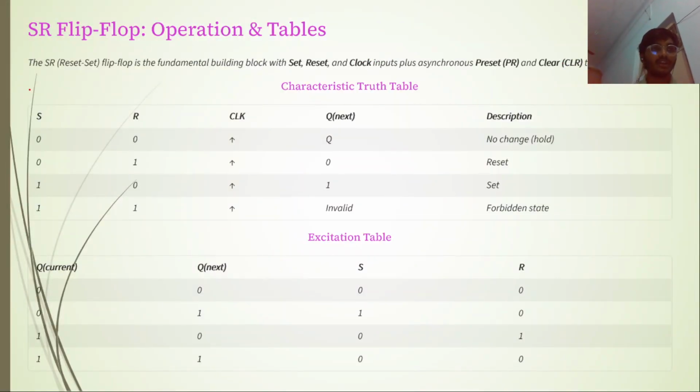Here we see the SR flip-flop operation and truth table. SR means set and reset. The flip-flop is a fundamental building block with set, reset and clock inputs.